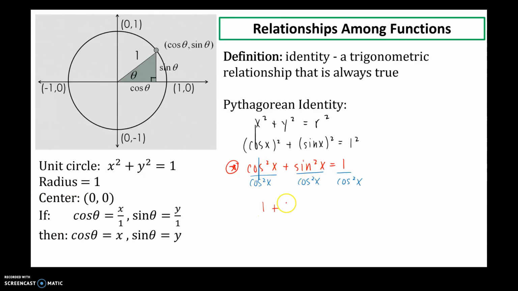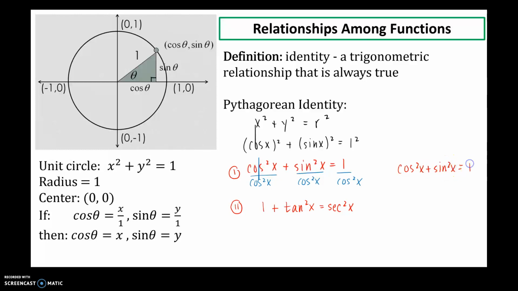Sine squared divided by cosine squared is tangent squared of x. 1 divided by cosine squared of x is secant squared of x. So there's Pythagorean identity number 2. Let me erase that and put a 1. So here's my first.